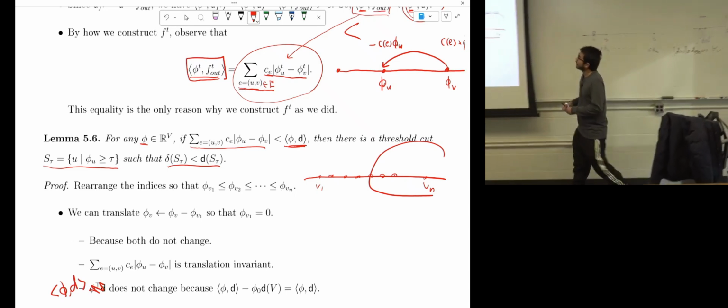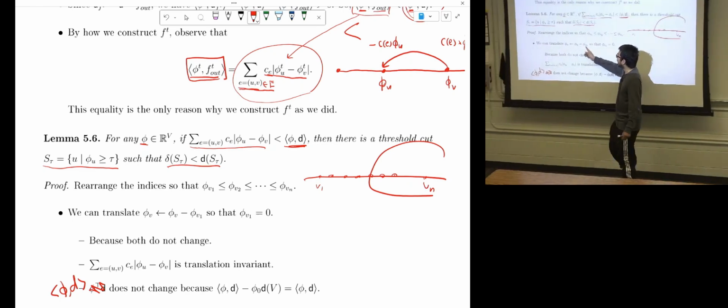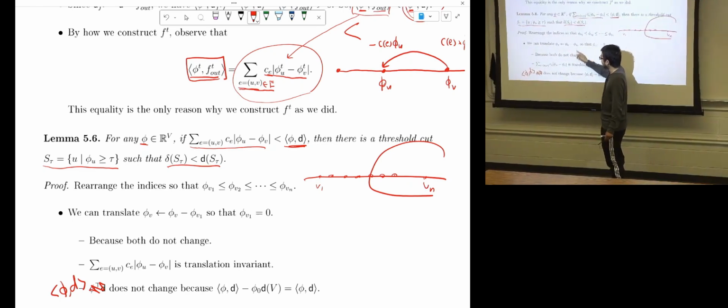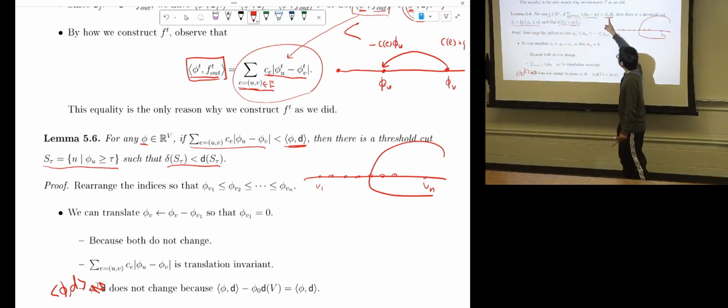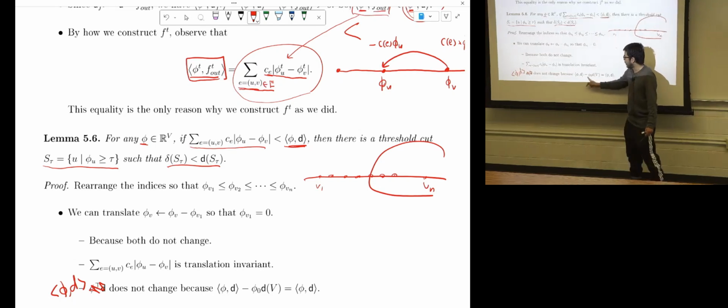When I shift every potential by phi of V1, this thing is basically changed to this thing.